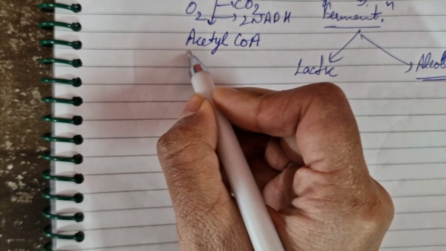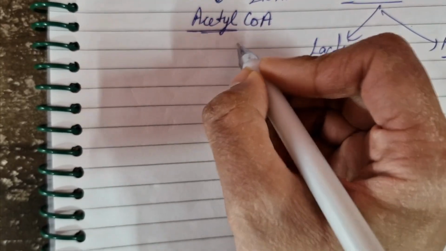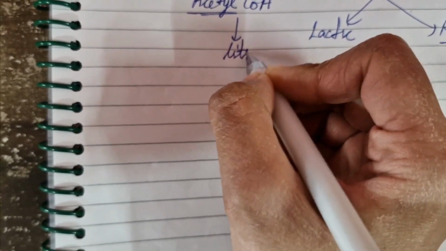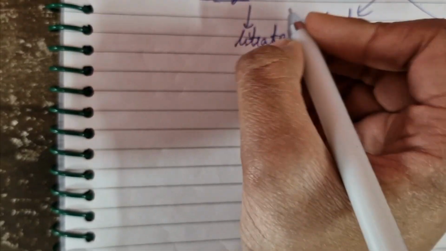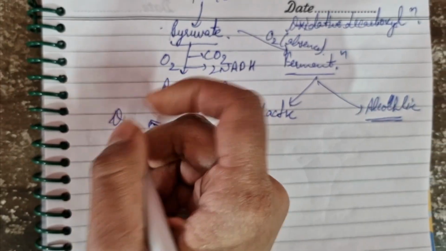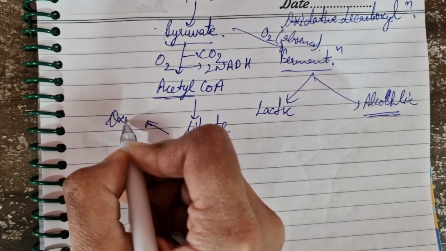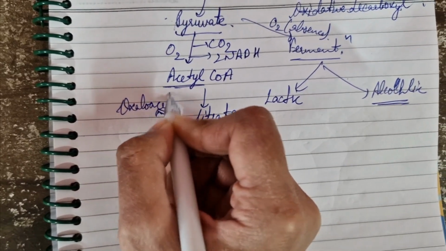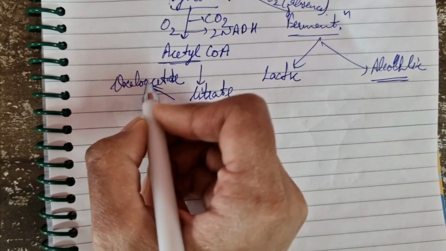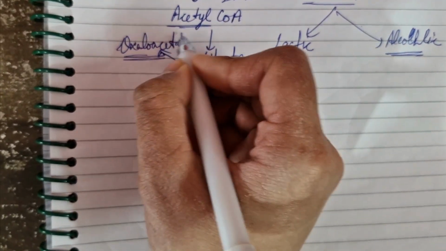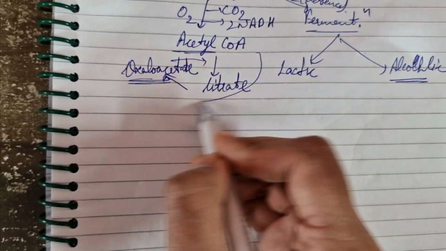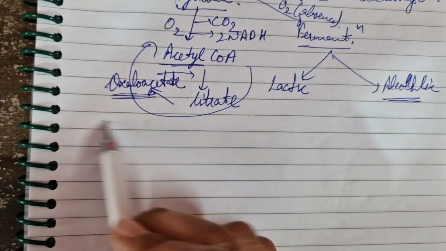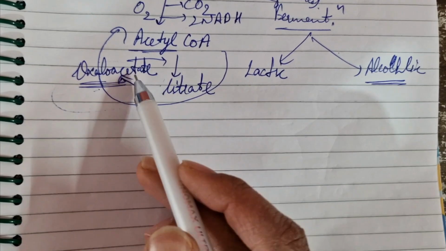Now, this acetyl coenzyme A gets converted into citrate, which gets converted into oxaloacetate, and this again gets converted into citrate, and this cycle moves on in a similar manner.